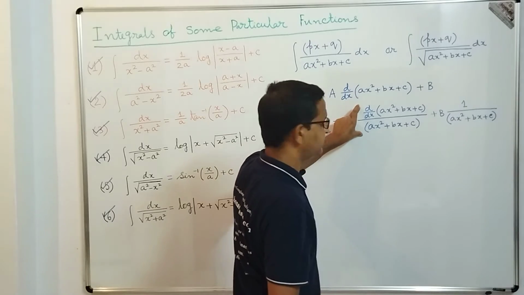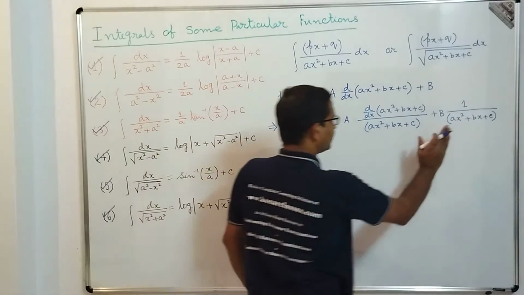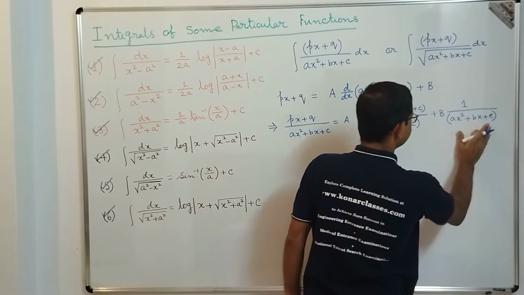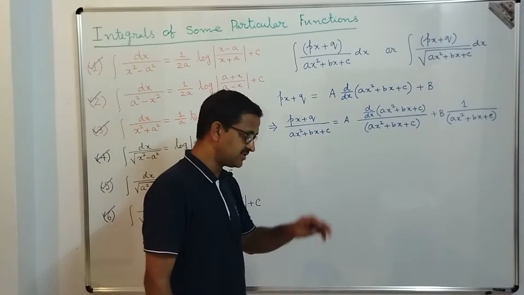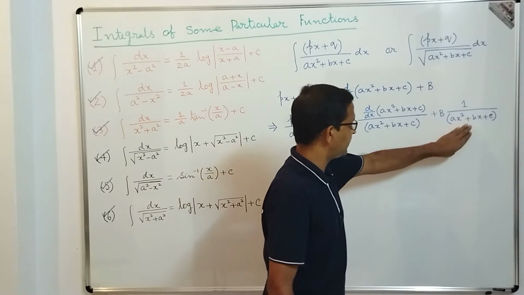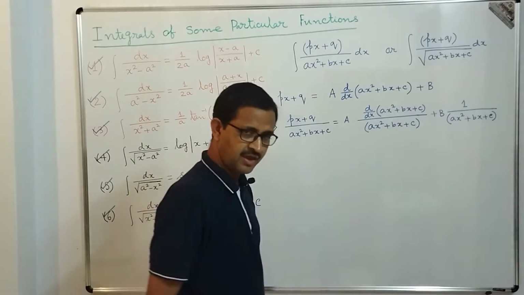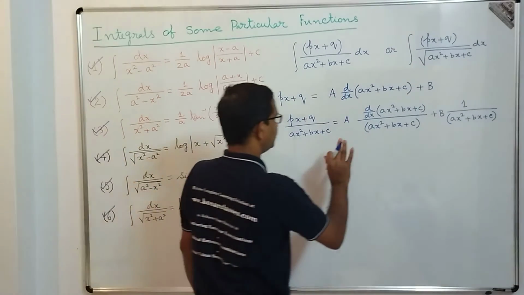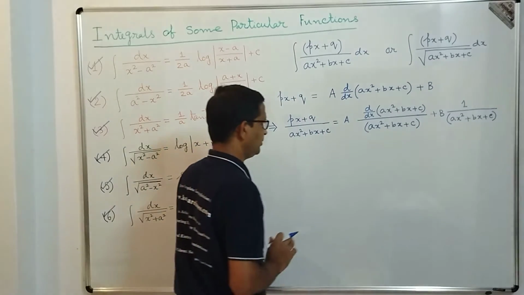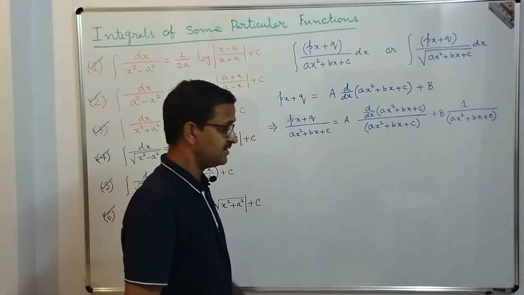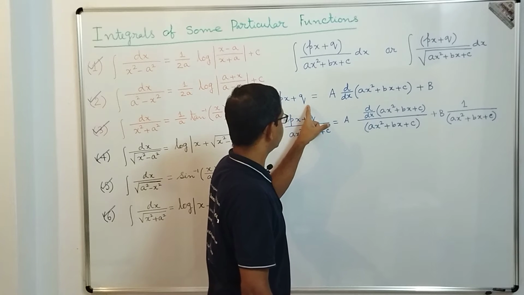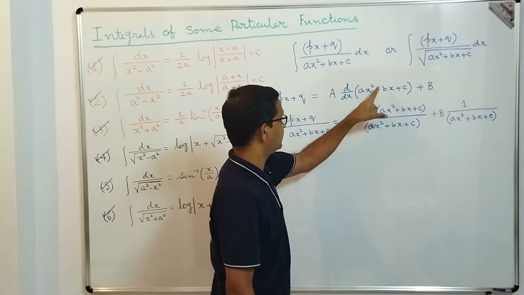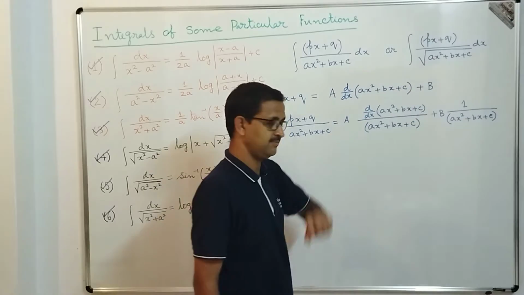This other one also, the integration of 1 by (ax² + bx + c) dx, we have done in the last session, so you can look into it and it will be easy to perform. I will also do it in this class with some sample examples. This is the reason we took px + q equal to A times d/dx of (ax² + bx + c) plus B.